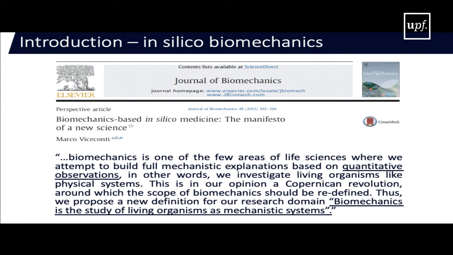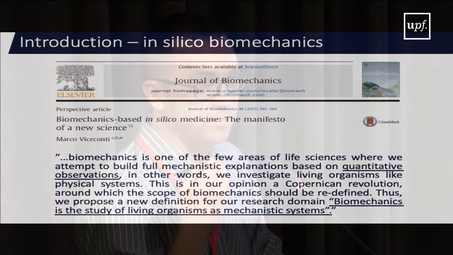So it can change a lot of things, actually it's changing a lot of things now, and it will change a lot of things in the future, because a number of diseases or even healthy conditions can be described and understood as mechanistic systems. That's why the process of clinical trials, when we test new medical methods, new implants, new drugs, is under change.